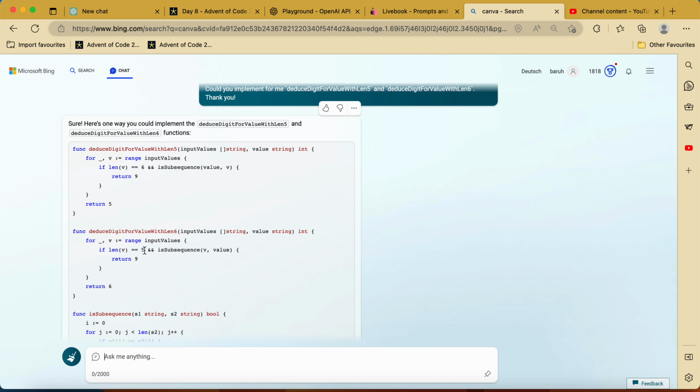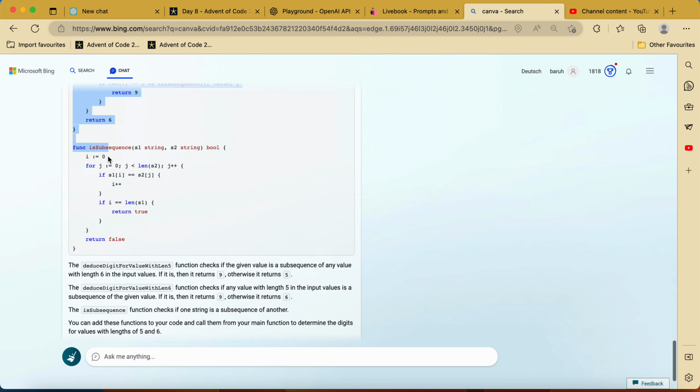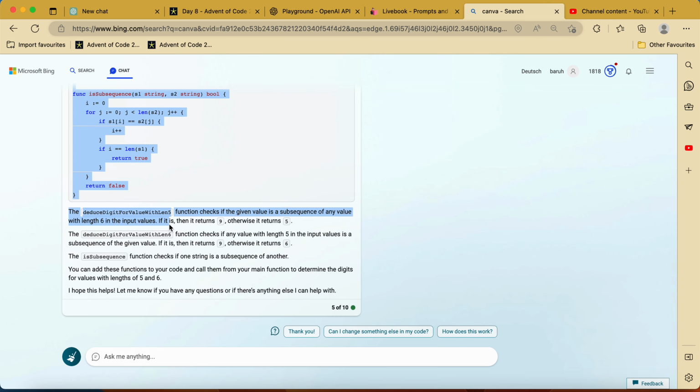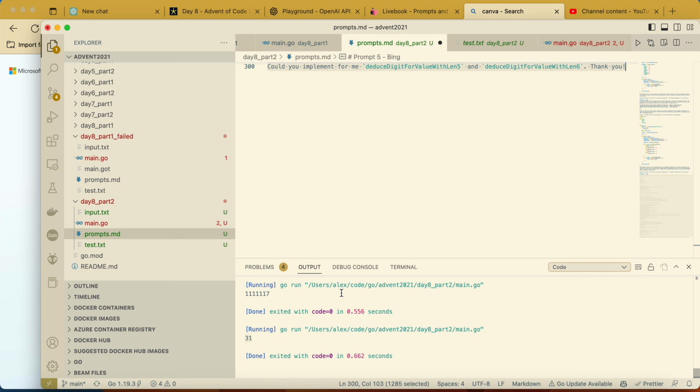Well, I'm getting return 9, return 6. Looks completely wrong. But let's see if we can understand the idea and what might be wrong with it.